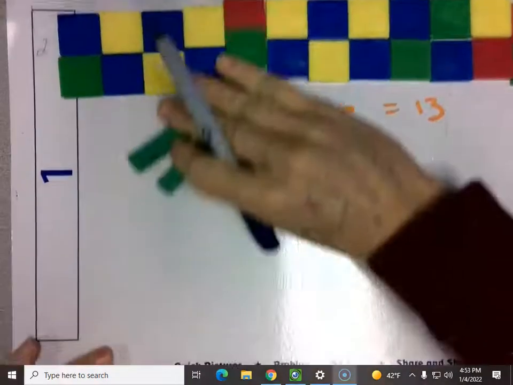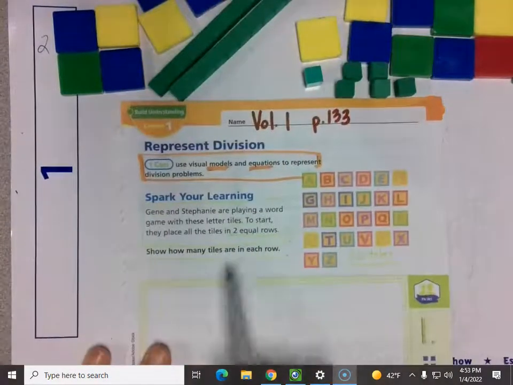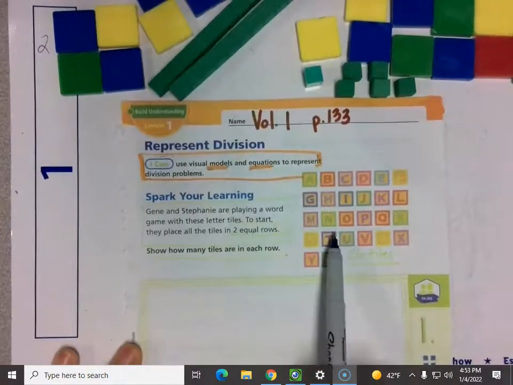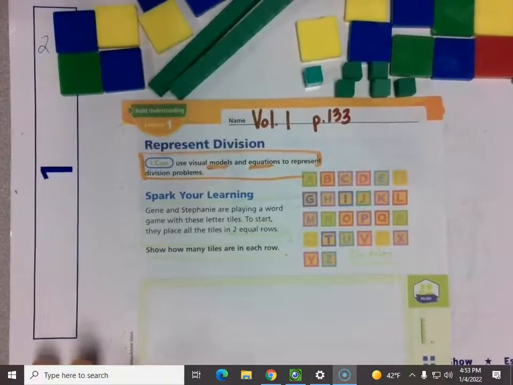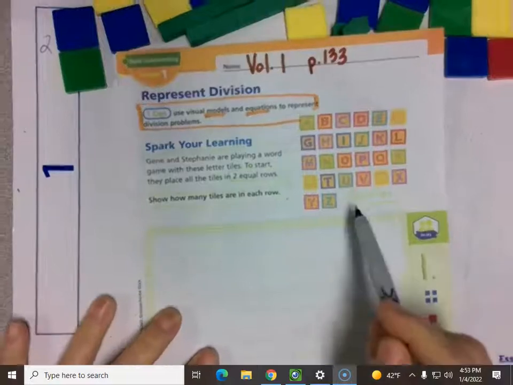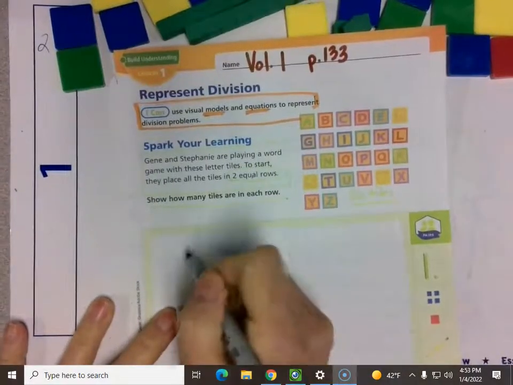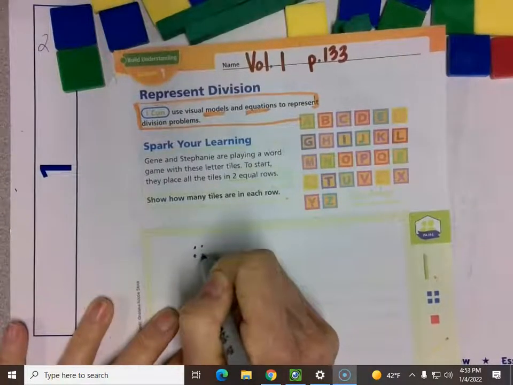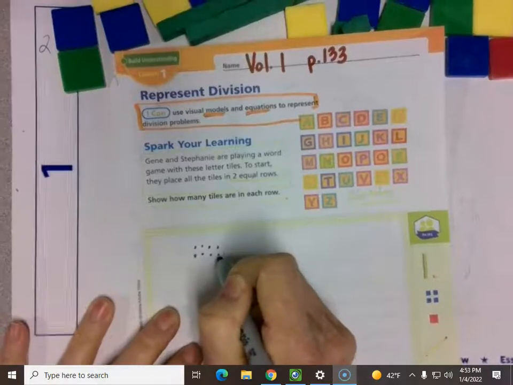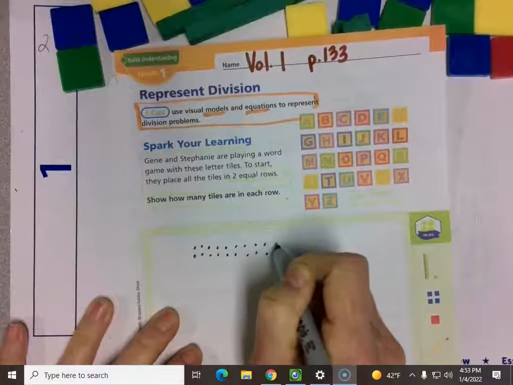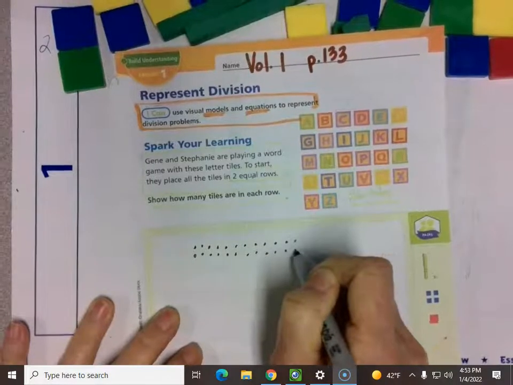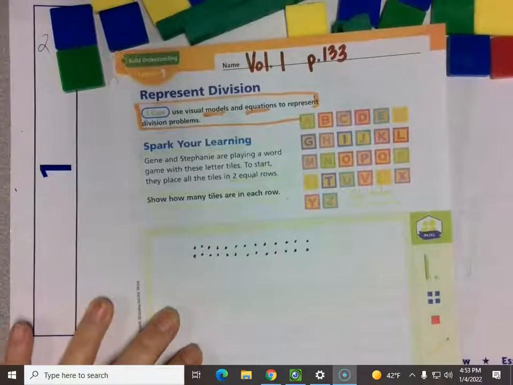So in the first problem, we are going to make a model to answer the question of how many tiles are in each row. Well, if I take 26 tiles and split them into 2 rows, 2, 4, 6, 8, 10, 12, 14, 16, 18, 20, 22, 24, 26.